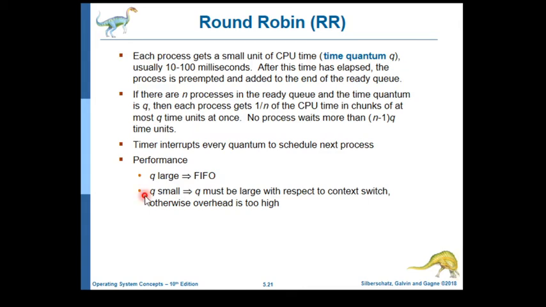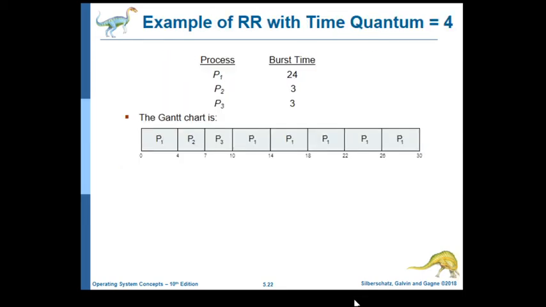If the time quantum is extremely small, the round robin approach can result in a large number of context switches. So a very short time quantum should be avoided. Okay, we look at this slide.